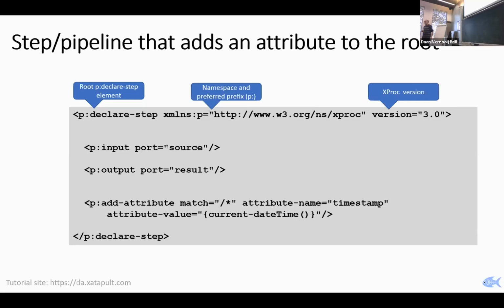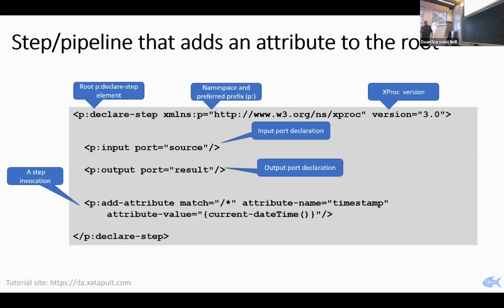And you have to set the version explicitly to 3.0 for a 3.0 processor to be able to do something with. Then we say we have an input port, source. We have an output port called result. And inside our step, we invoke another step, and we invoke the p:add-attribute.